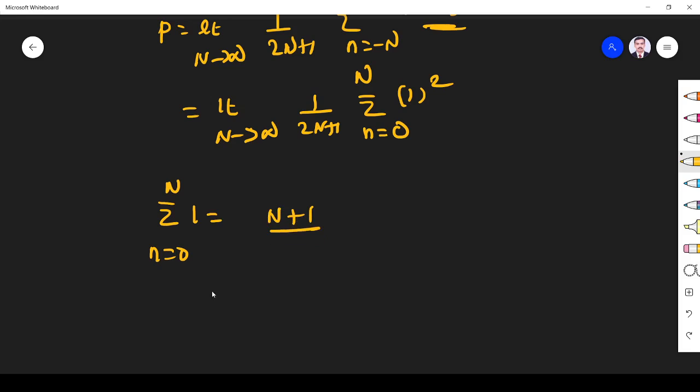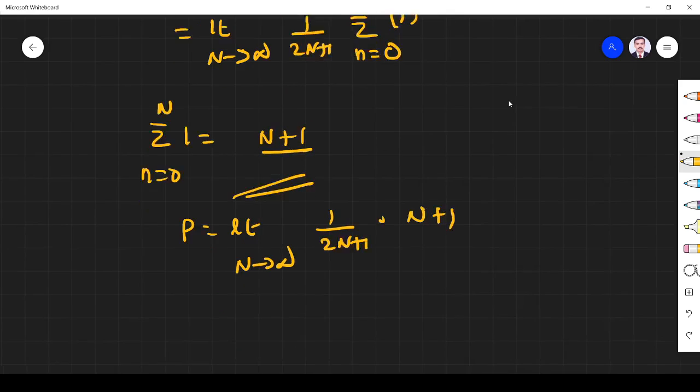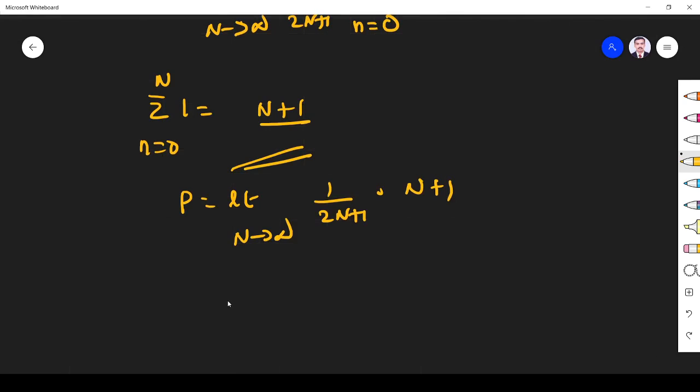So substitute that value: limit n tends to infinity, 1 by 2n plus 1, times n plus 1. Don't directly conclude infinity by infinity by substituting n is equal to infinity. Please take n outside from numerator and denominator.